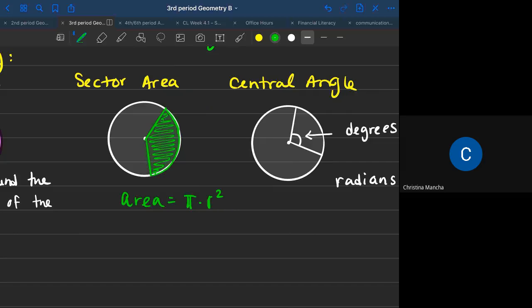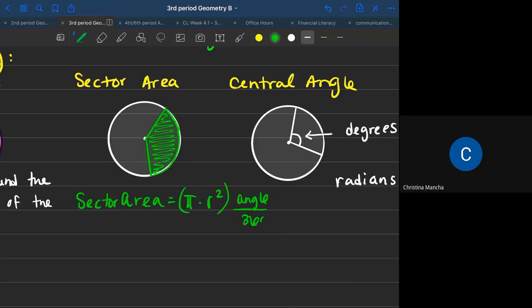But since we're looking at the sector area, just the green part, we're going to take our circle and multiply by our angle, which we're going to call theta, out of 360.